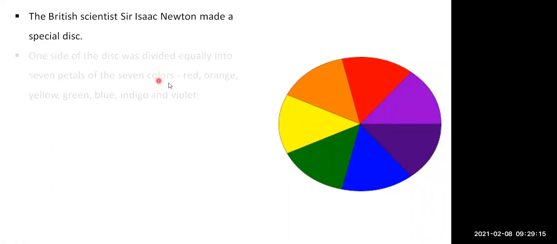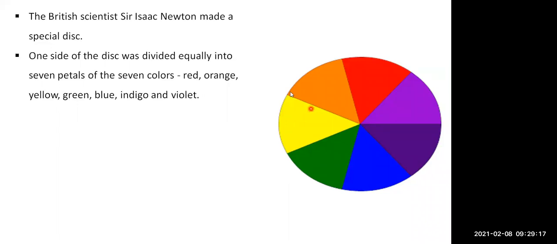Now such a kind of disc was made by Sir Isaac Newton for the first time. With the help of this disc he could say that the light is made of 7 colors. He did one activity, I'll show you the activity also, because of which when he rotated the disc at a high speed, he found that all the colors get mixed and you get to see a white color.